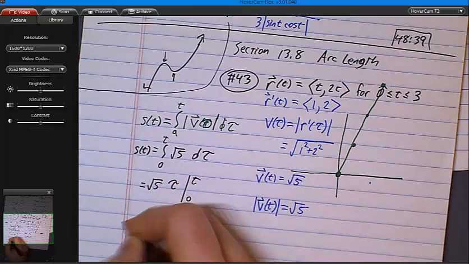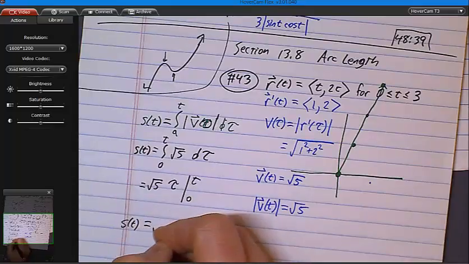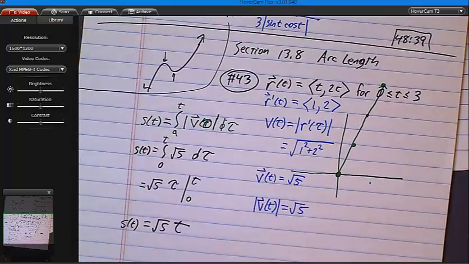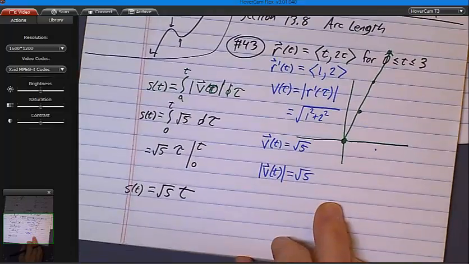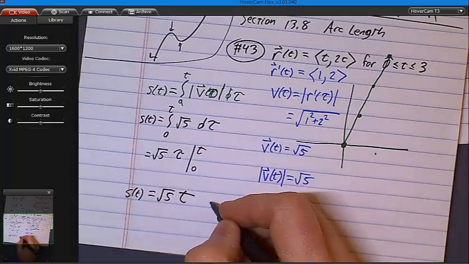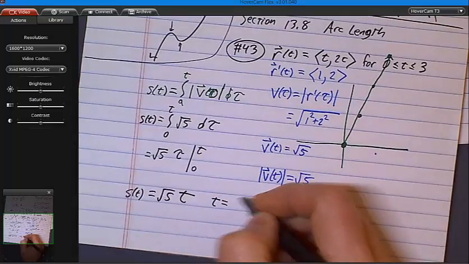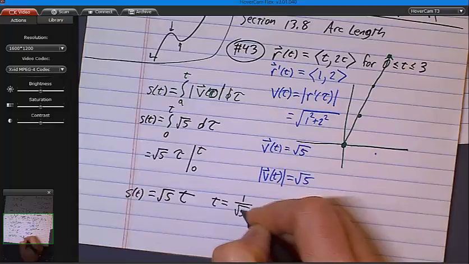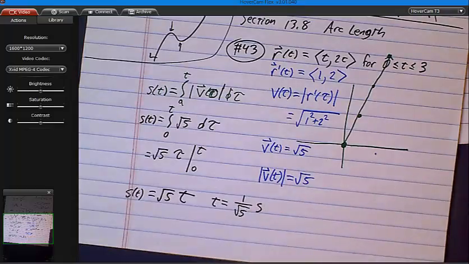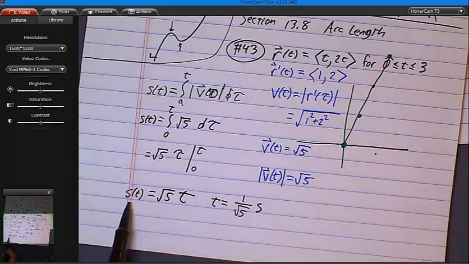And so s of t is the square root of 5 t. Okay? And now this is kind of interesting, because then you could say t is actually 1 over the square root of 5 times s. Or if I keep it this way, arc length is the square root of 5 times t.